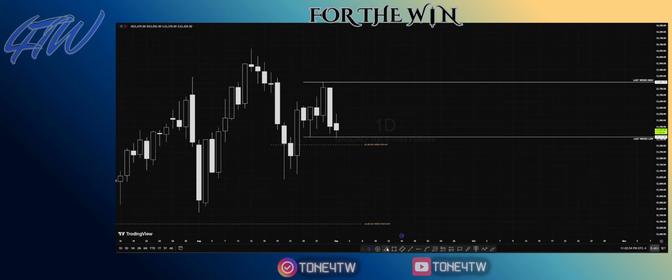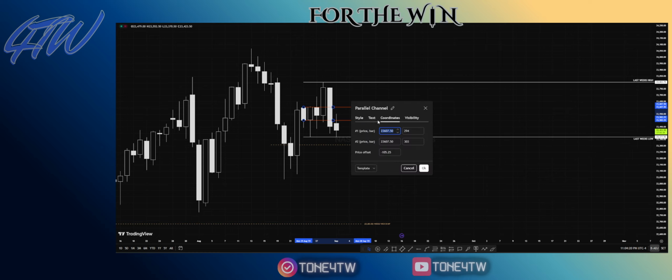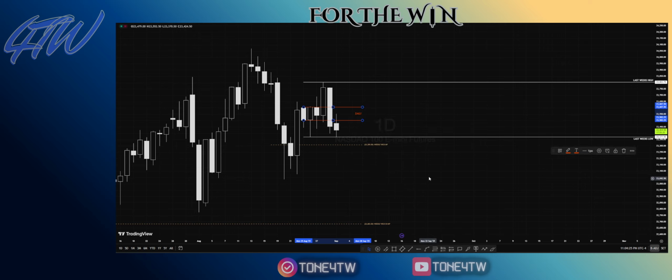I technically could look at this expansion and then this consolidation here on the daily as an area or confluence. Seeing that we broke out of it, retested off of it, and we're pushing to the downside, this can be my potential push back up into that weekly high. So this is a possibility here.